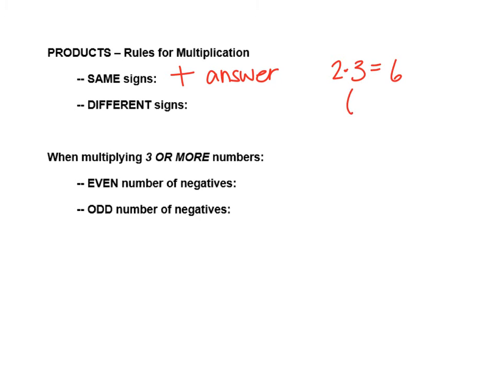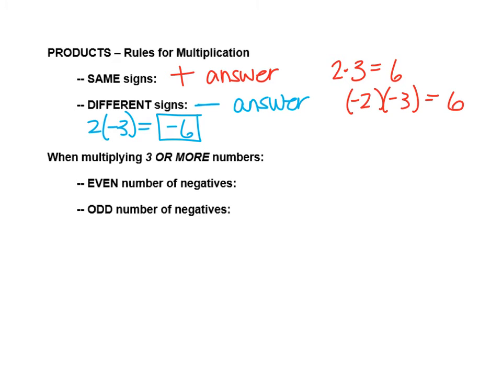If I was multiplying negative 2 times negative 3, same sign, they're both negatives, you get a positive answer, 6. If you are multiplying numbers with different signs, you will always have a negative answer. So 2 times a negative 3, a positive times a negative, will come out negative.